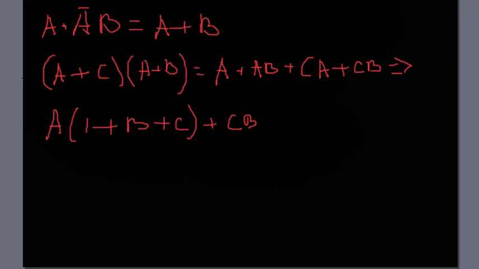As we know, 1 plus B makes 1, and 1 plus C also makes 1, so A multiplied by 1 gives us A, and this is A plus CB.